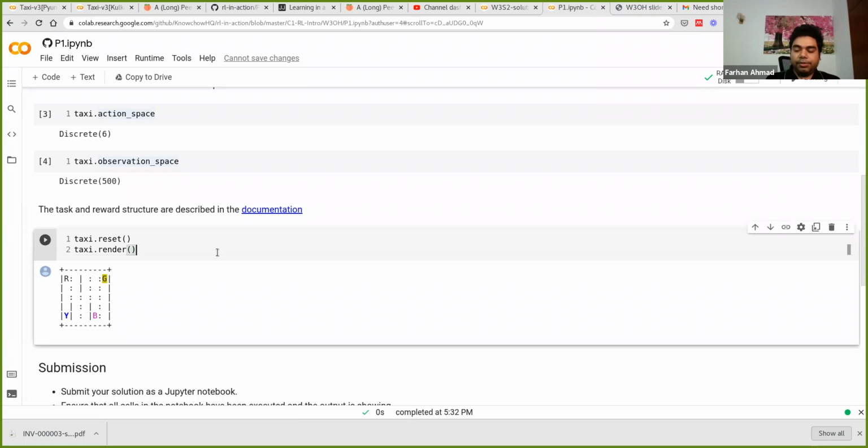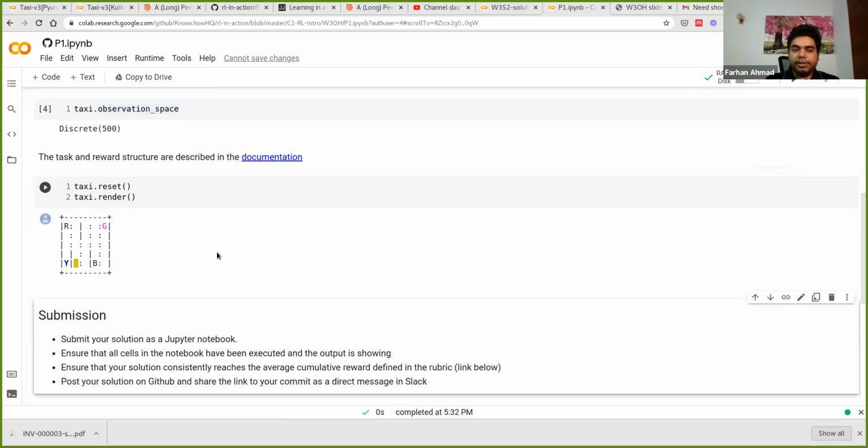The next thing we need to do is just call the reset and render methods. Again, this rendering will only make sense when you look at the documentation. There's some color coding going on, but very quickly, the yellow rectangle you see over here is the taxi, because the whole idea of this project, this environment, is to learn to navigate this taxi.